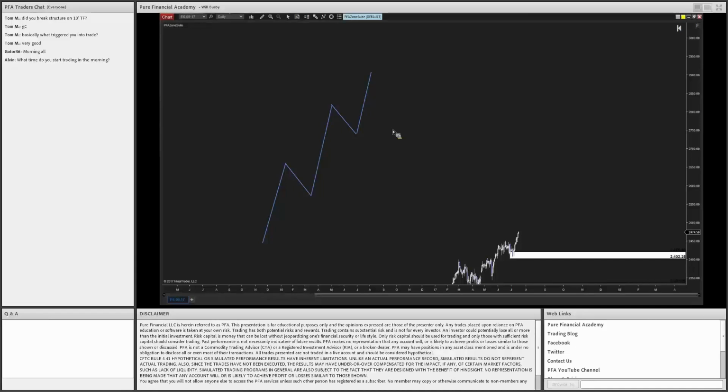It's almost too much, right? You have to focus on which leg is bigger than the other. Don't concern yourself about that. I'm just trying to give you a perspective on it. So this is just very, very typical. Maybe put in a little double top up here, and then we'll break structure.